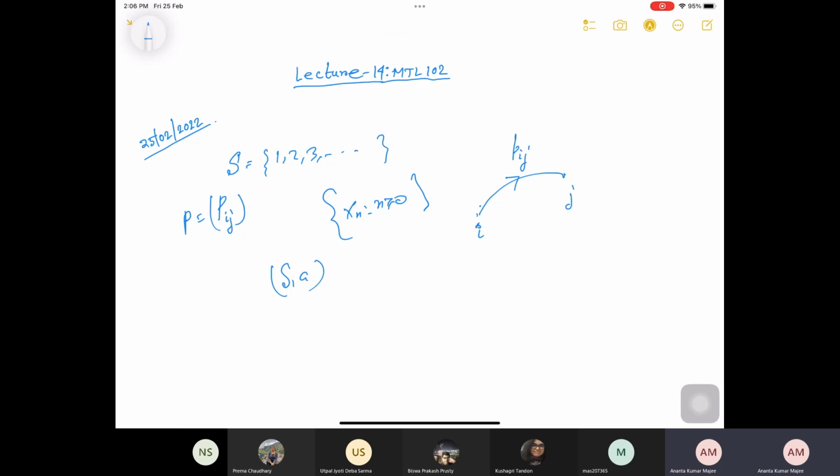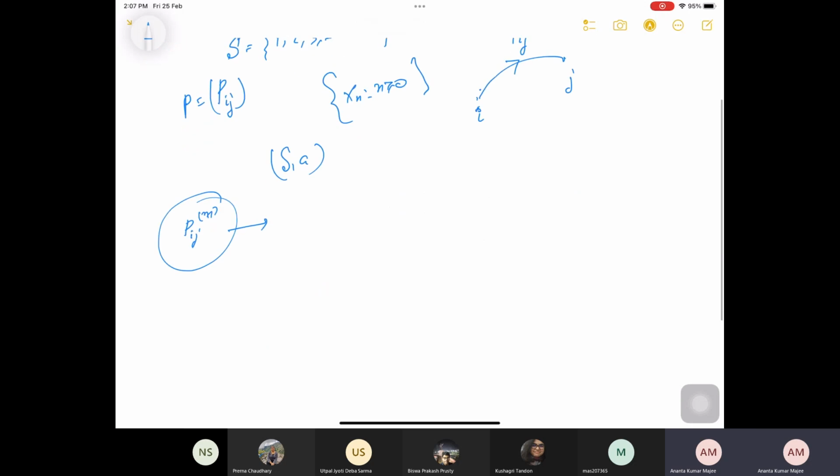Now we have defined Pij of n. I try to calculate this Pij, the n-step or m-step transition probabilities. If I put m, this is the m-step transition probability. For that, I will consider the following theorem, which is called the Chapman-Kolmogorov theorem.